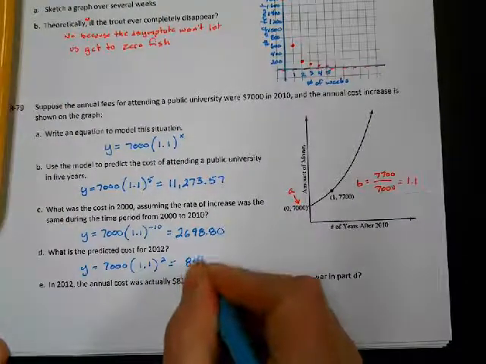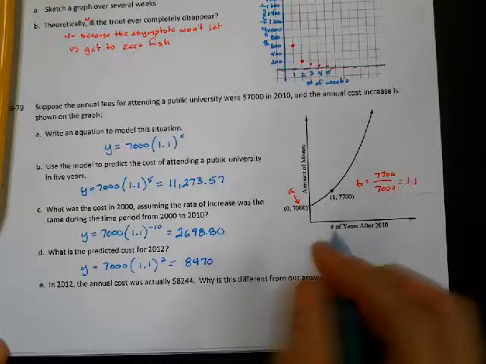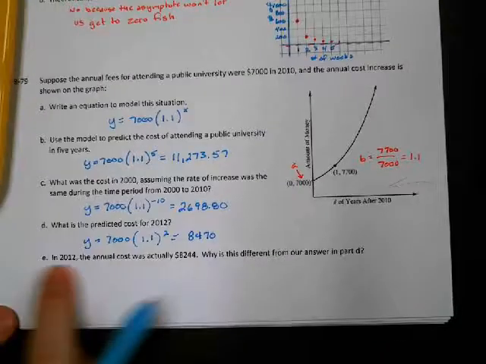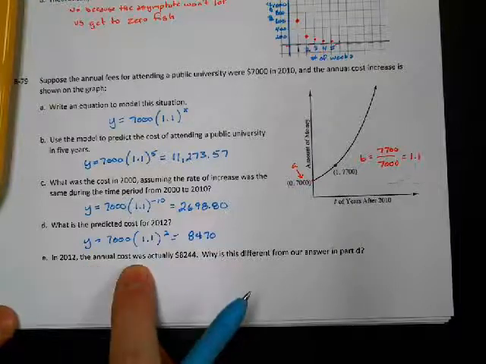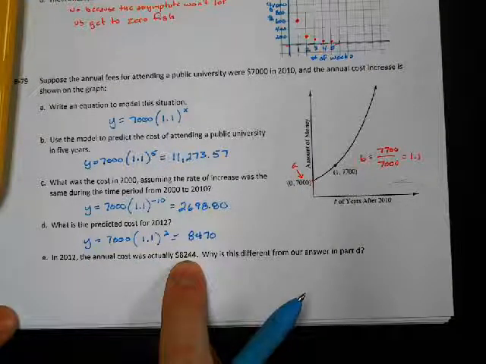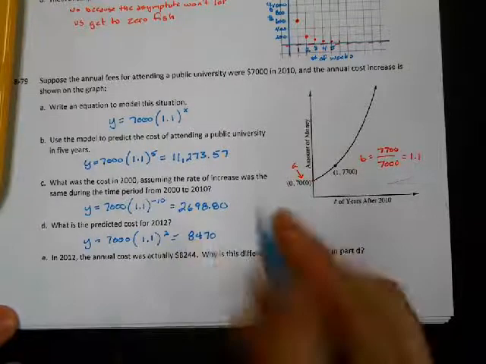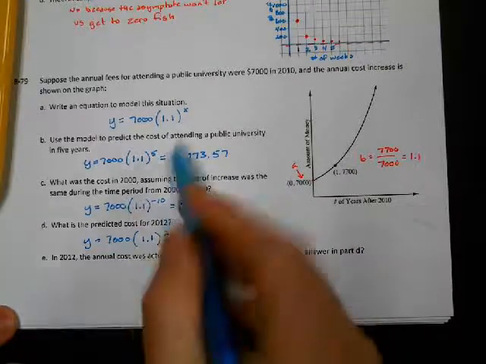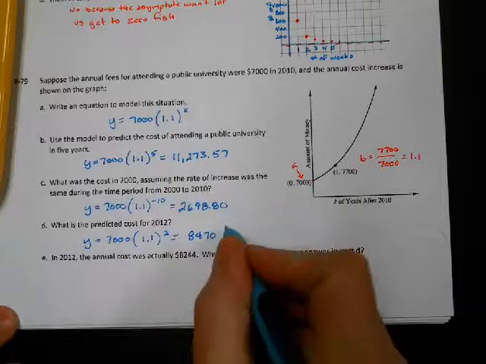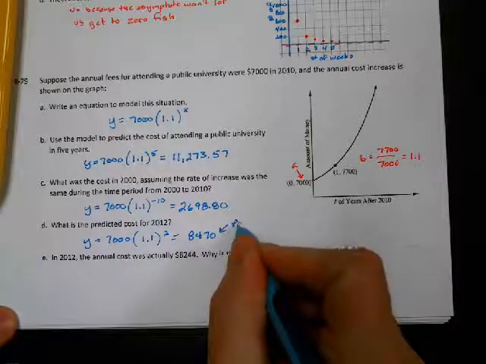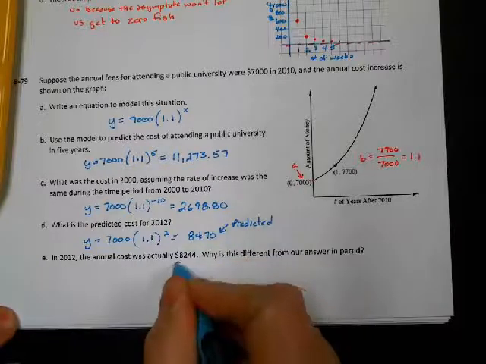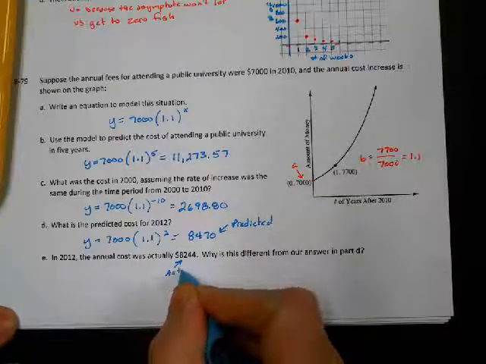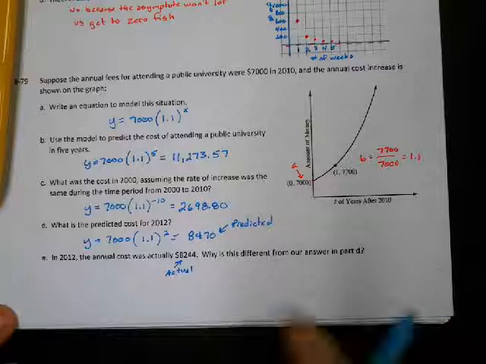All right. Now, in 2012, the actual cost, or the annual cost, was actually 8,244. So our equation that we've written here is a prediction. This is the actual. So this is actually what happened. So why is this number different?